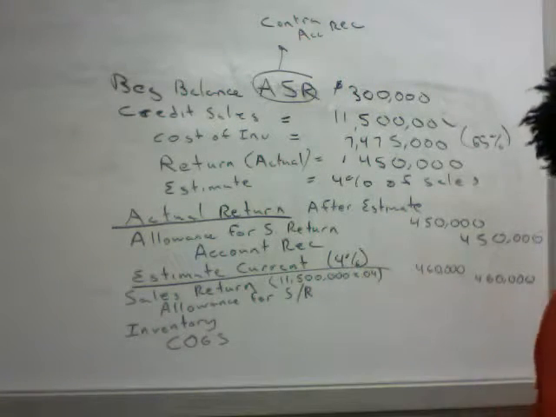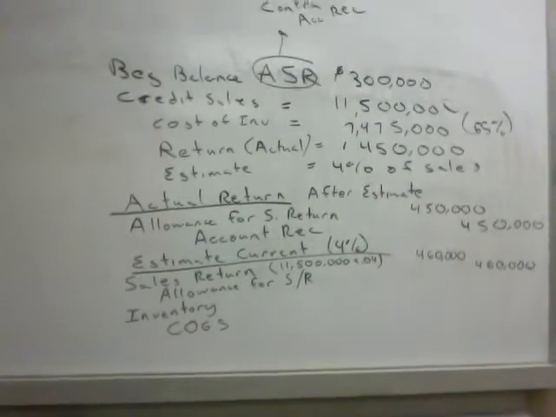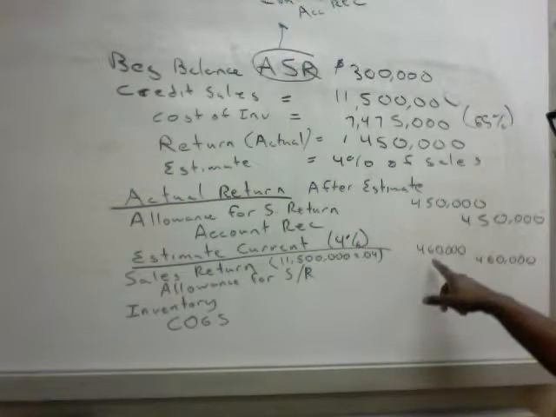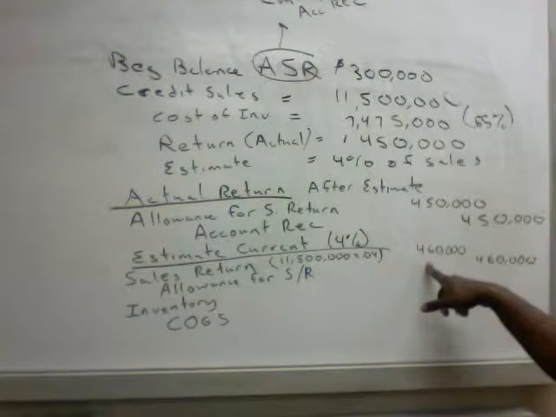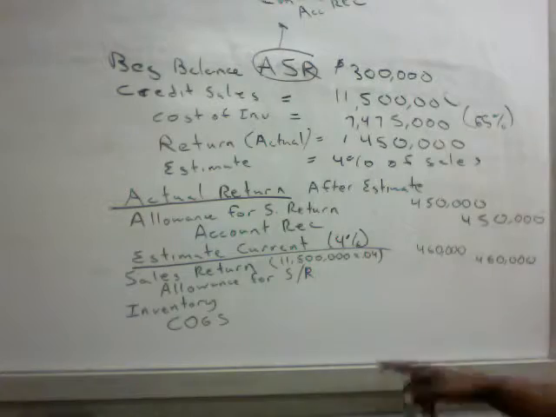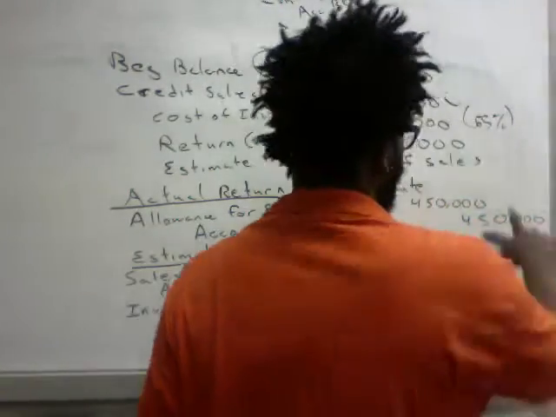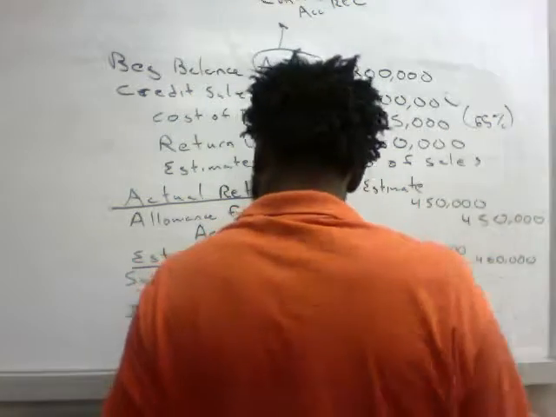Keep in mind, as I said earlier, your inventory has to go on the books, but it goes on the books at cost. So technically, we're expecting our customers to return $460,000 of inventory, but how much did that cost us? Based on what we calculated earlier, it cost us 65%.